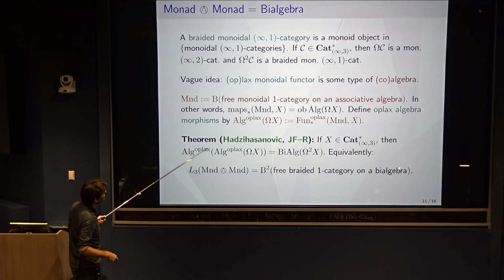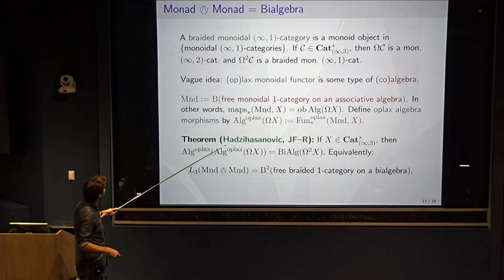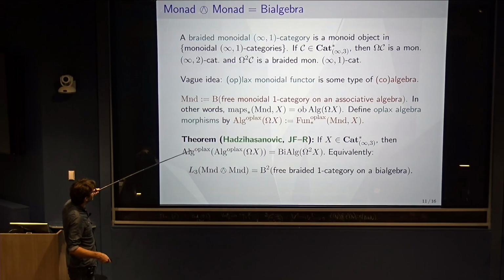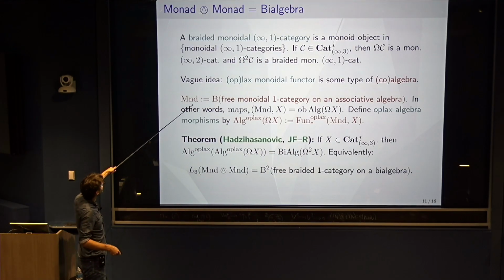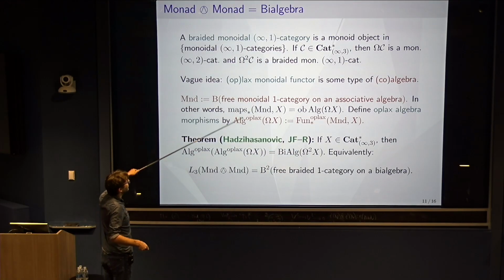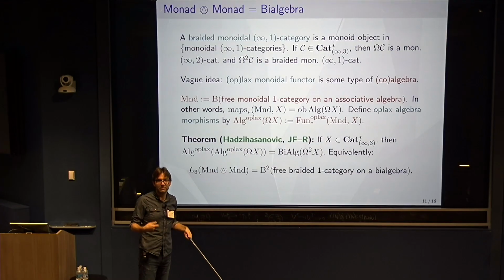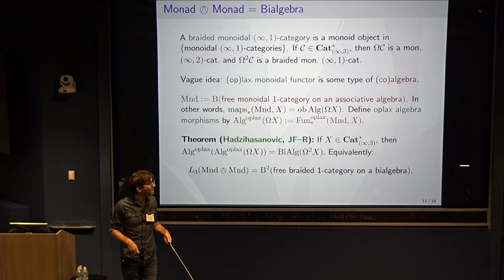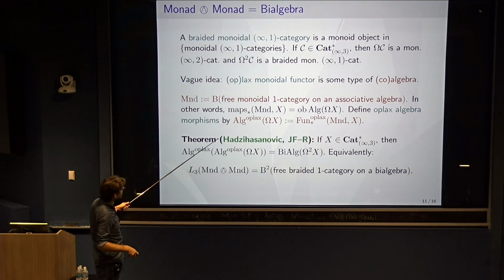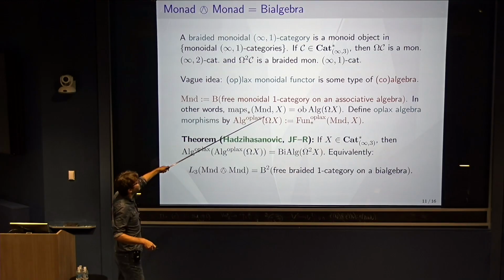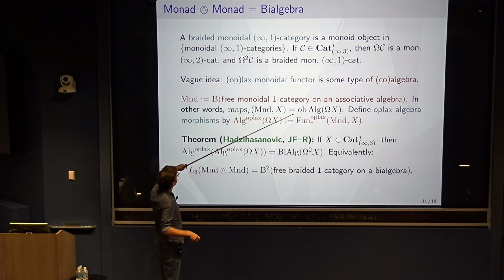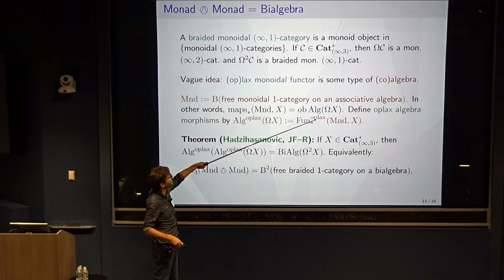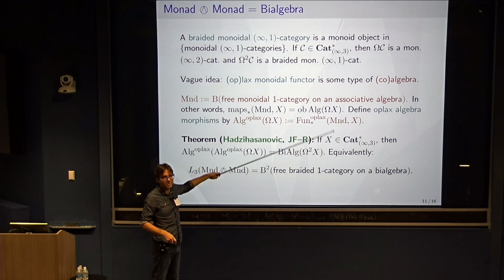One way to encode this idea in this language is to talk about the walking monad, the free monoidal category on a monoidal object. It's the thing that represents, and I'll think of it as a 2-category, algebras in the loops category of something.